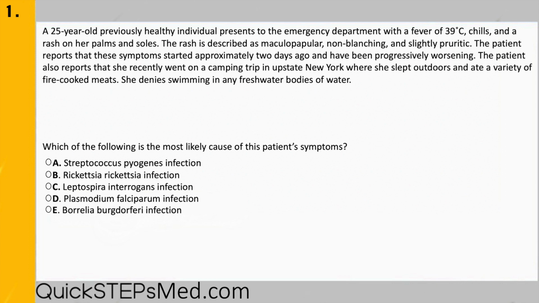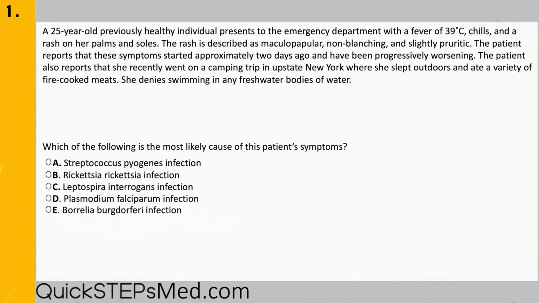In order to implement this method, we always start with reading the last 1 or 2 lines of the question stem, which is the part without the question mark, followed by the part with the question mark, and then the answer choices, and then we go over the whole question from start to finish. The reason we do this is because otherwise, if you read it from top to bottom, you don't really know what you're focusing in on.